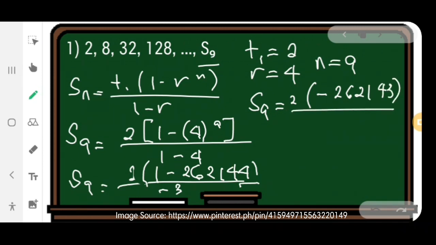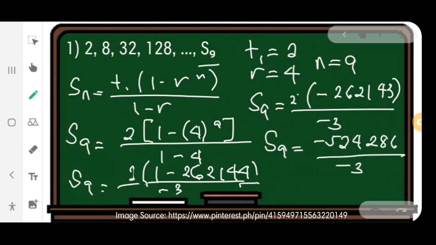So, S sub 9 now is equal to 2 times -262,143 divided by -3. And then we are going to multiply 2 and -262,143. So, that is equal to -524,286 divided by -3.